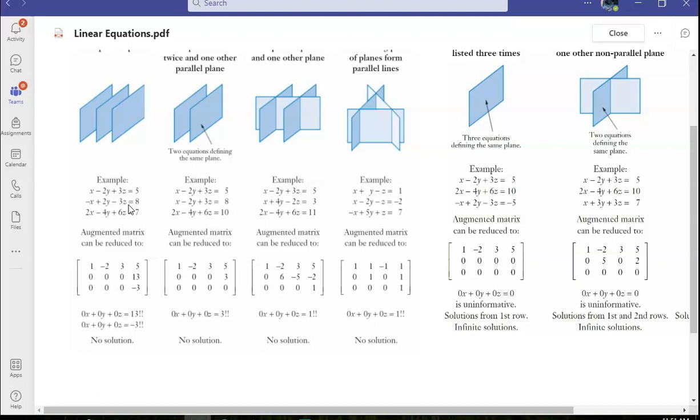Files, class materials. They wouldn't be parallel if that was -5. Yep, one on top of the other, coincident, coplanar, right? And then this one, again, you've multiplied by 2, but because that is not 10, then they're not coincident, they're not one on top of the other, that's why it's parallel.